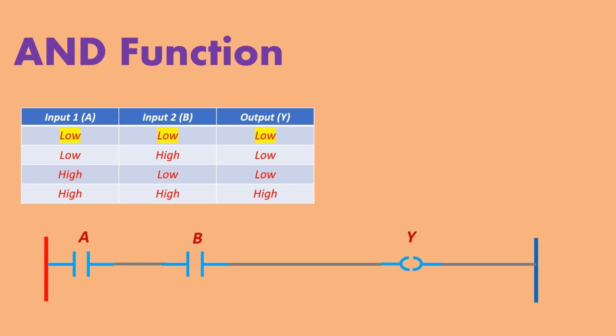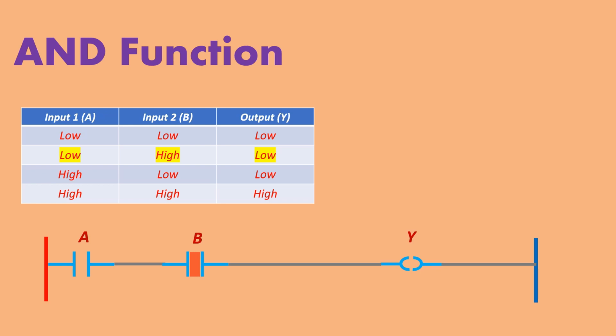When both inputs are low, both contacts will be open. Therefore, no current will pass from the positive terminal to the negative terminal, and thus no current will pass through the coil. So the coil is not energized. Since the coil connected is normally inactive, it will remain inactive. In the second case, input A is not energized.